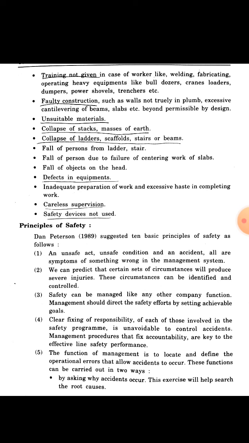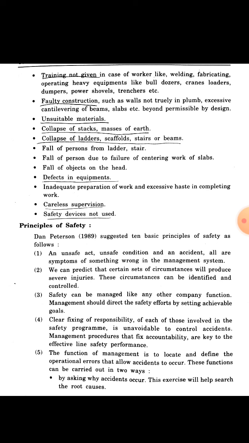Second, we can predict that certain sets of circumstances will produce severe injury, and safety can be managed like many other company functions. Clear fixing of responsibility of each individual in a safety program.